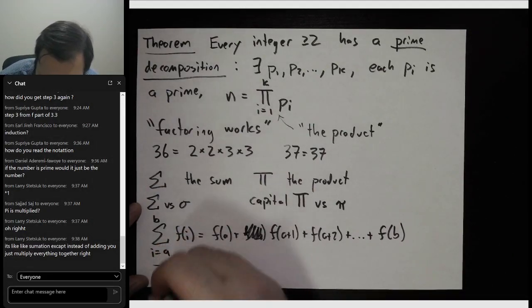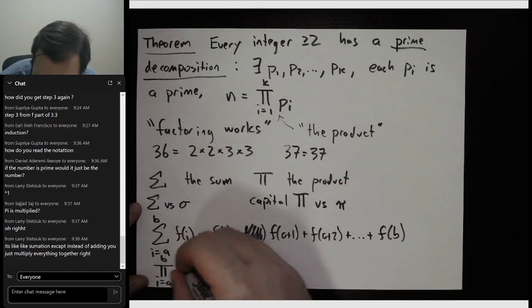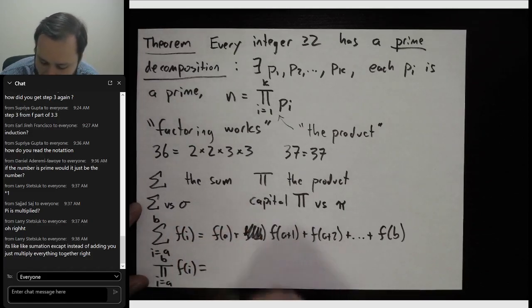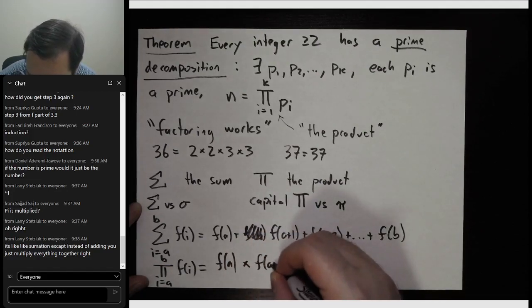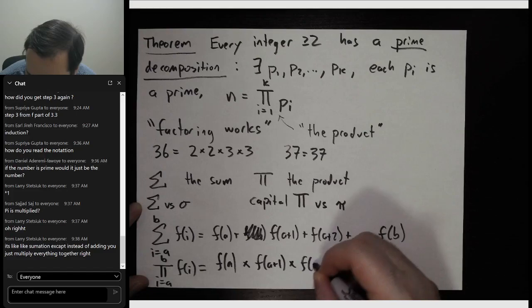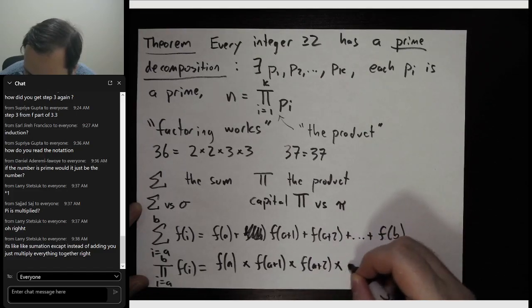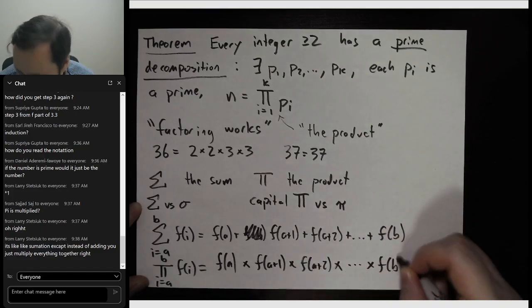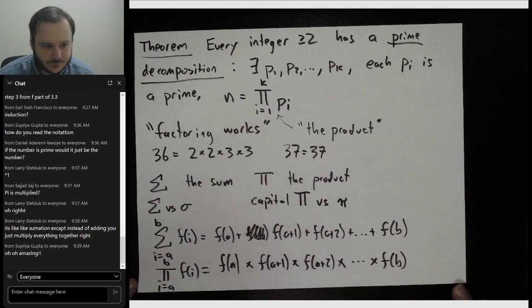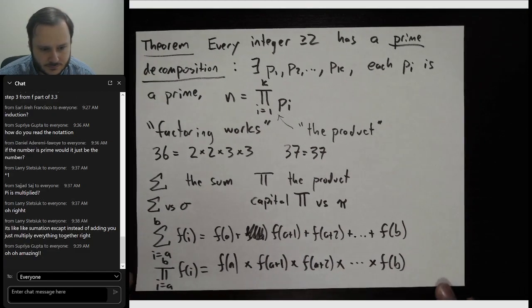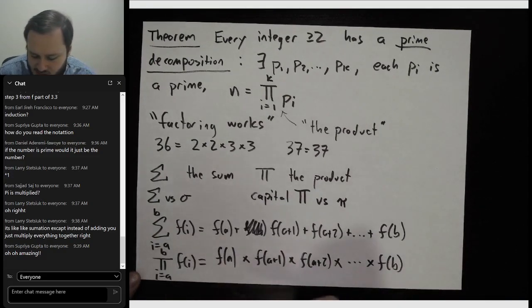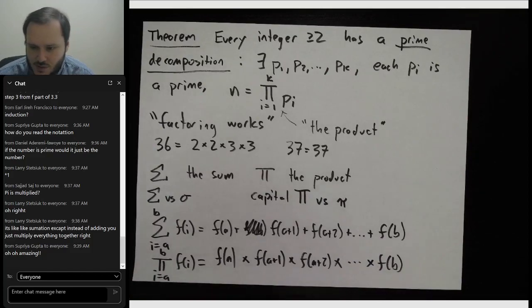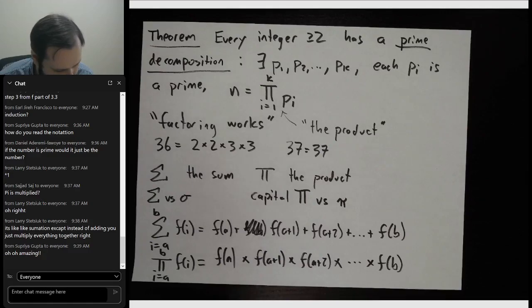And product i equals a to b of f of i is f of a times f of a plus 1 times f of a plus 2 times all the way up to f of b. Yep, so if you add, you use sigma. If you multiply, you use pi. All good questions.